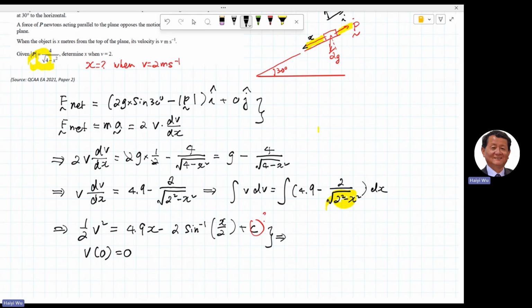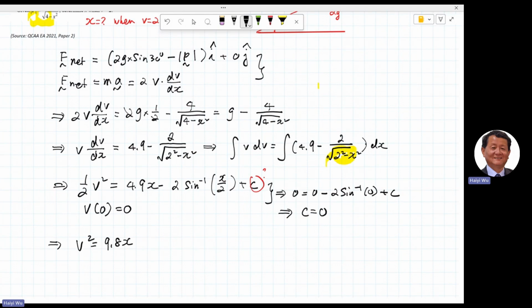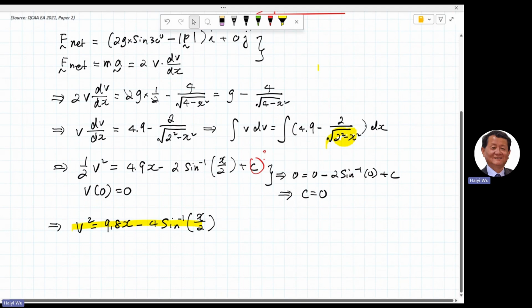Substituting, we get 0 equals 0 minus 2 inverse sine of 0, plus c, so c is 0. Therefore, v squared equals 9.8x minus 4 inverse sine of x over 2, plus 0. That's my formula for velocity in relation to the displacement x.